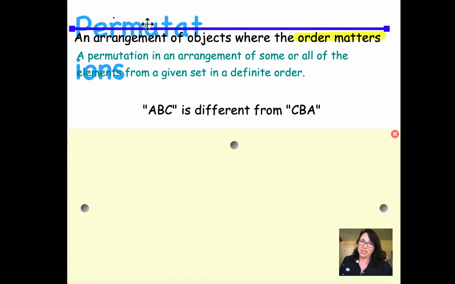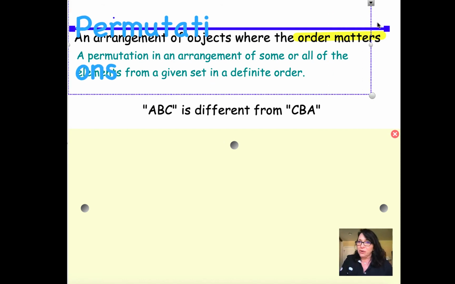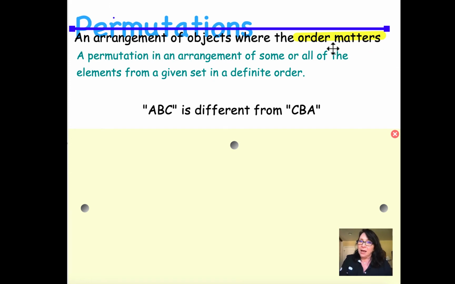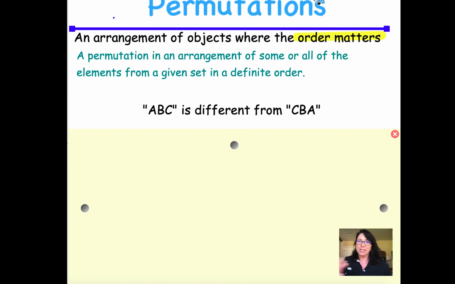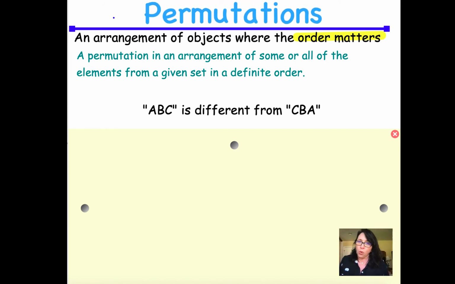So for permutations, the arrangement of objects is one where order matters. It's really important that you understand that the order of things matters, just like when I asked how many ways I can rewrite the word Thor. There are 24 different ways.